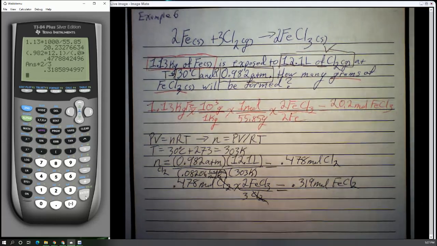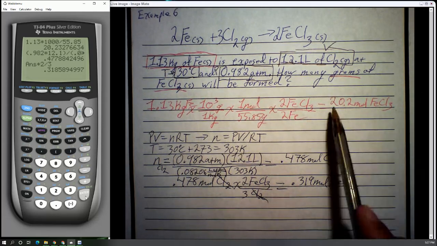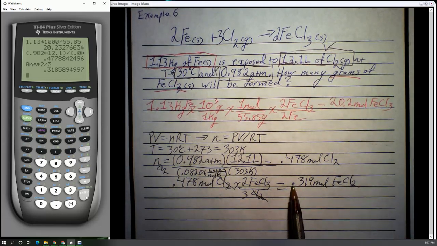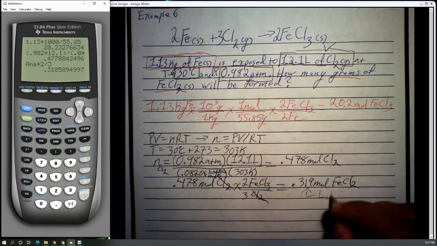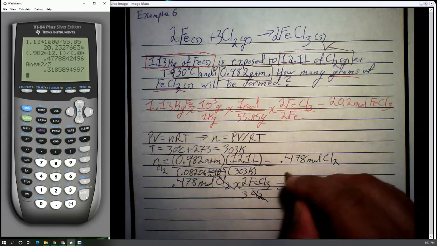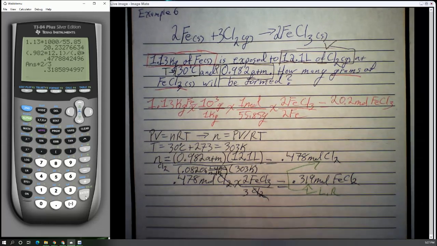Okay, there's no real contest between these. 20.2 moles versus 0.319. This is our limiting reactant amount.